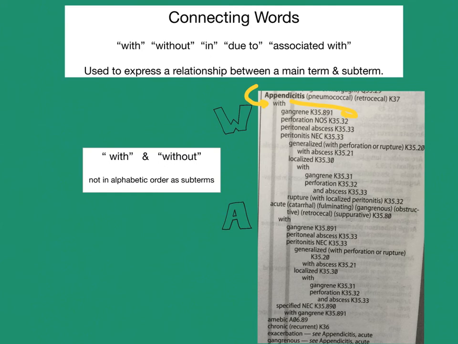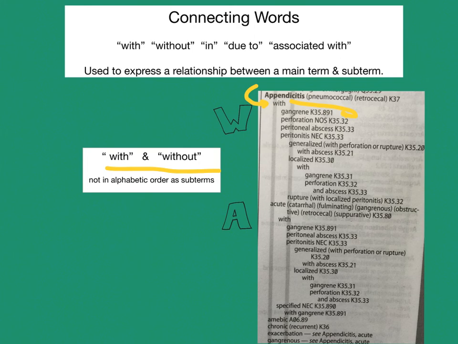But the two connecting words I really want to draw your attention to are with and without. Subterms preceded by with or without are not listed in alphabetic order in the alphabetic index. They instead appear immediately below the main term or any appropriate subterm.